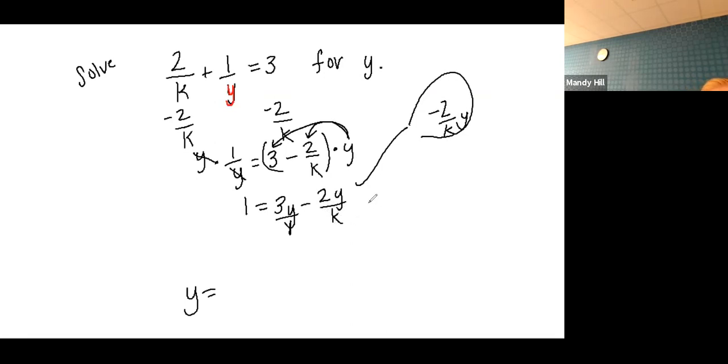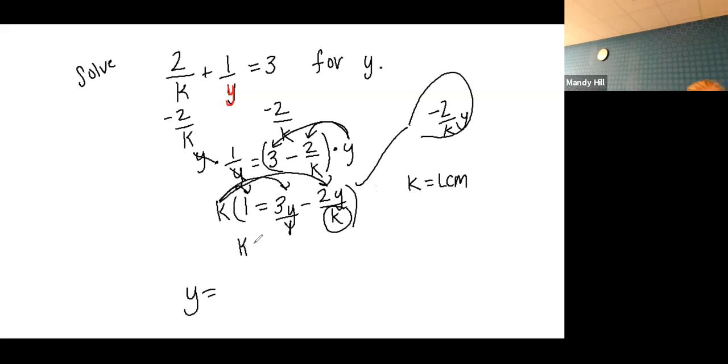So the only denominator I really am dealing with is k. That would be my least common multiple then. So if I multiply everything by k, will that help me? Well, probably, because it's going to clear things out. So I'm going to multiply every single thing all the way through by k.